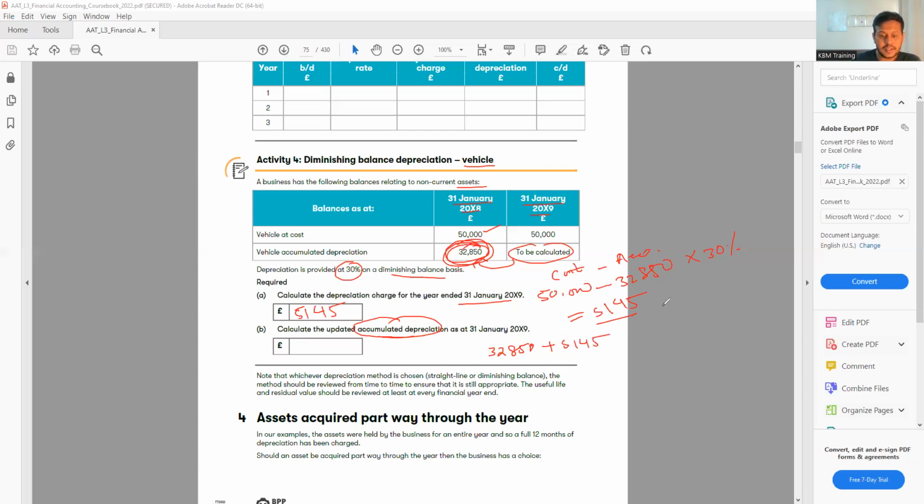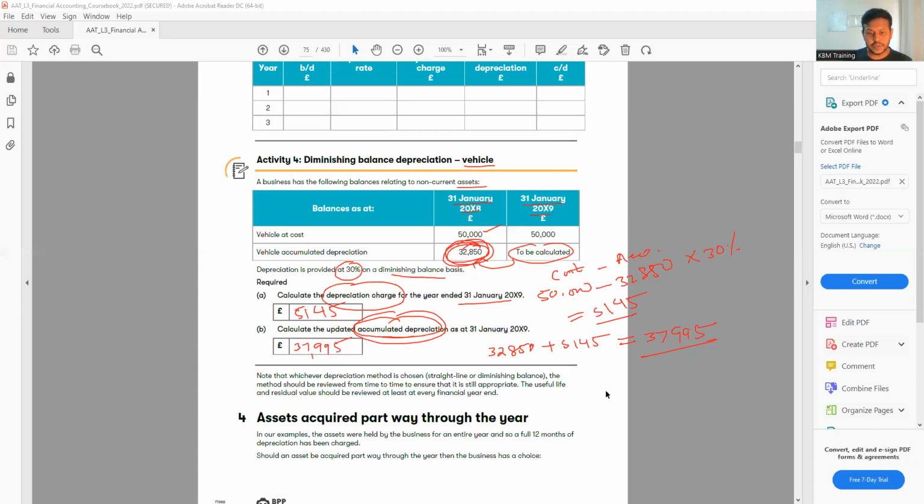And that will be my total accumulated depreciation, and that is 37,995. So that's my total accumulated depreciation. So you have a depreciation and you have an accumulated depreciation. Okay, let's move to the next one.